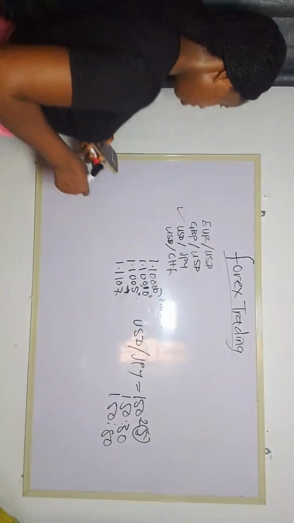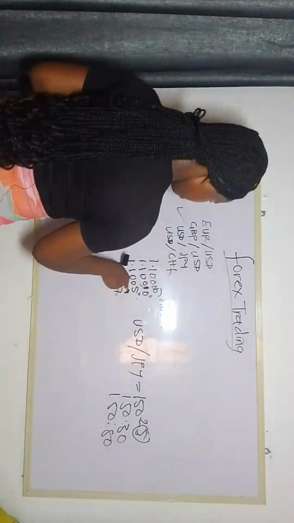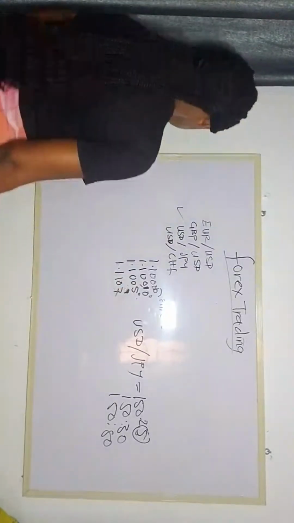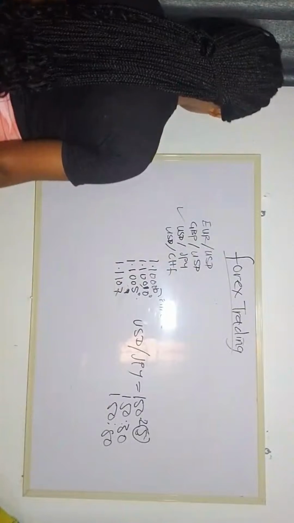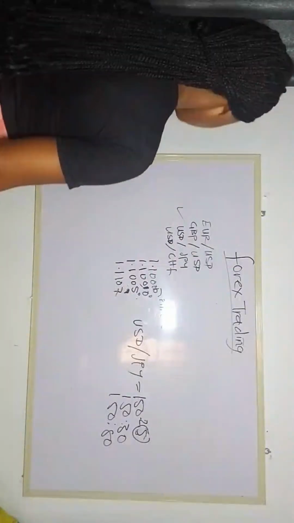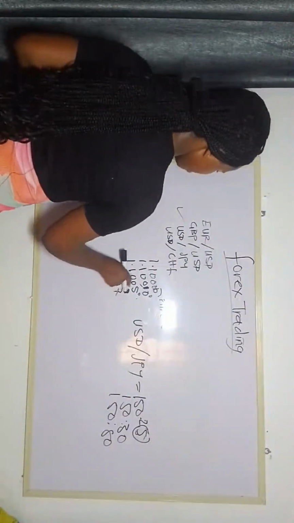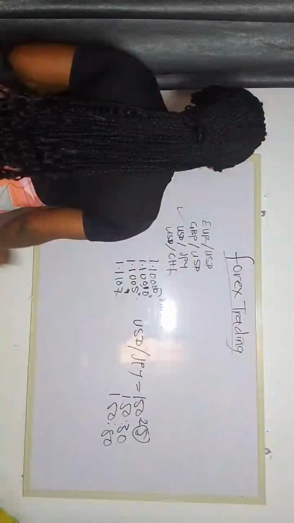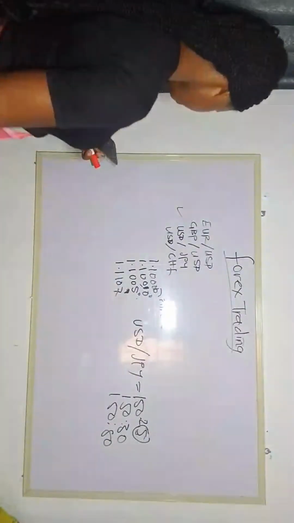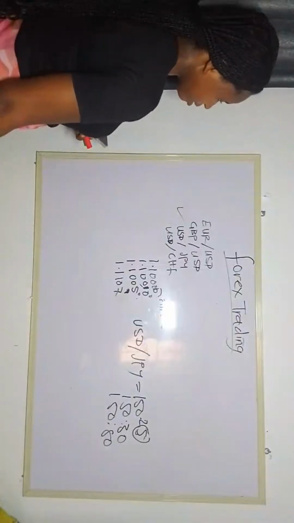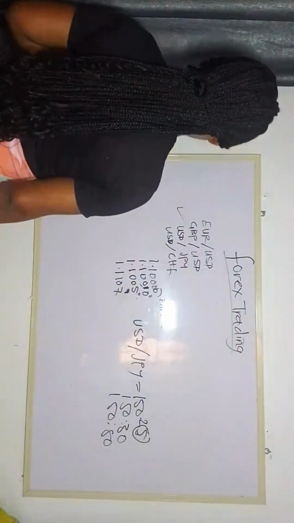So this is the pipette, and this is the pip. This is the main movement, this is the micro movement, something like meter and centimeter. I don't know if you're getting me.